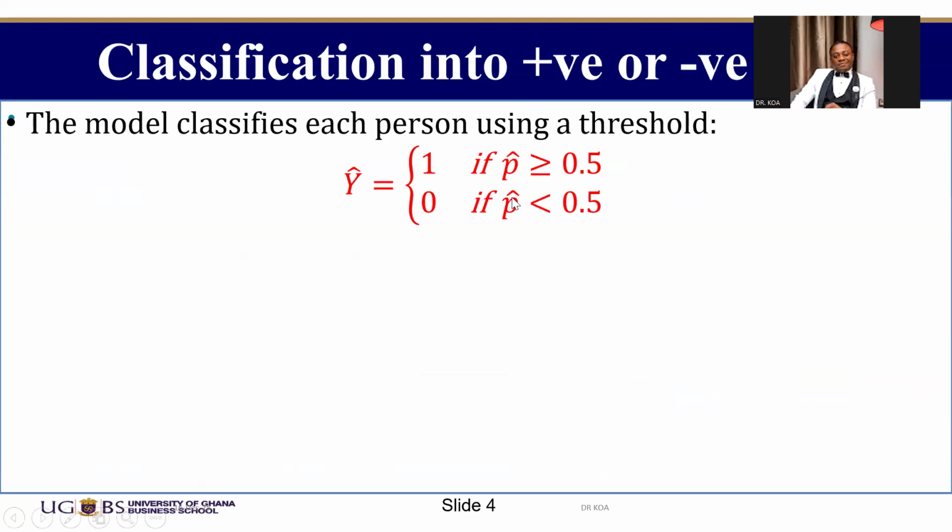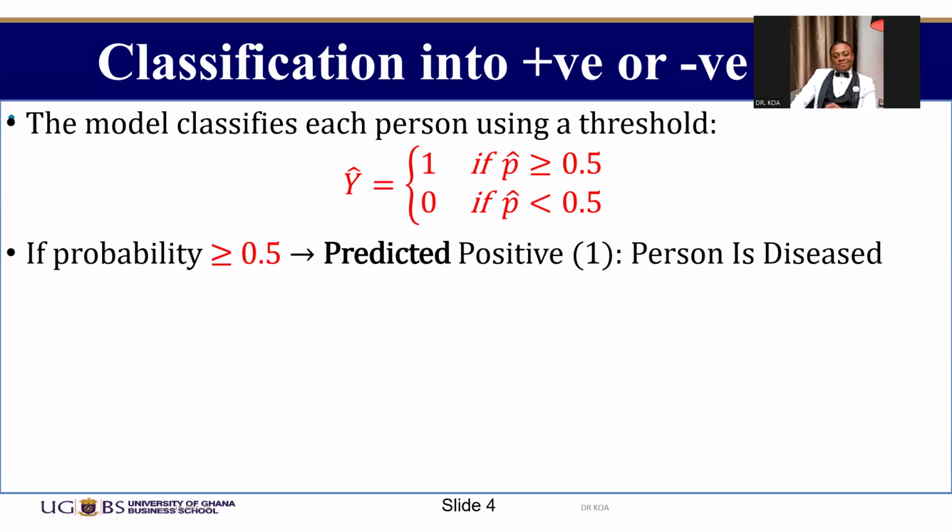That is the essence. So I want you to consider the classifier model as classifying each person using a threshold. The target variable is 1 if the probability of the presence is 50% or more, or 0 otherwise. You can use this approach to classify. We did this last time.